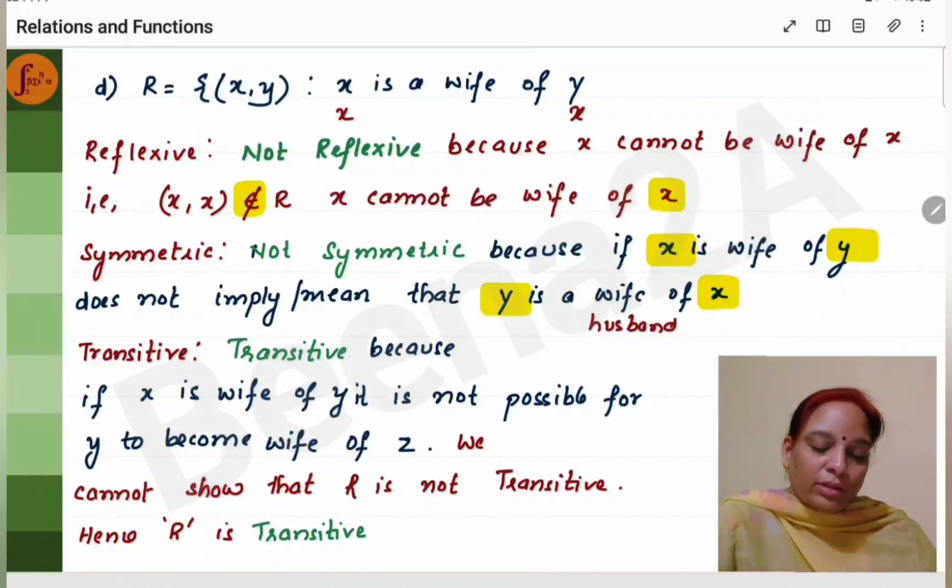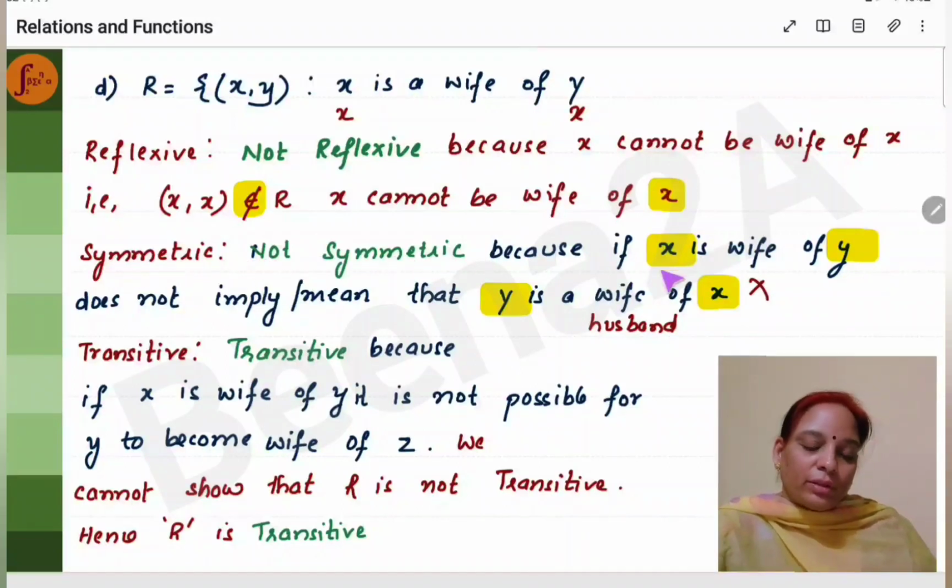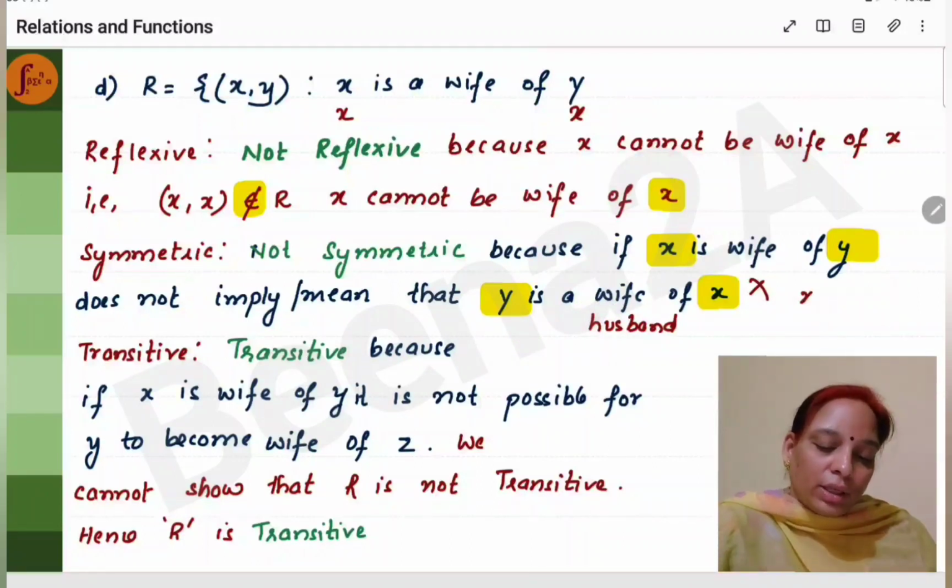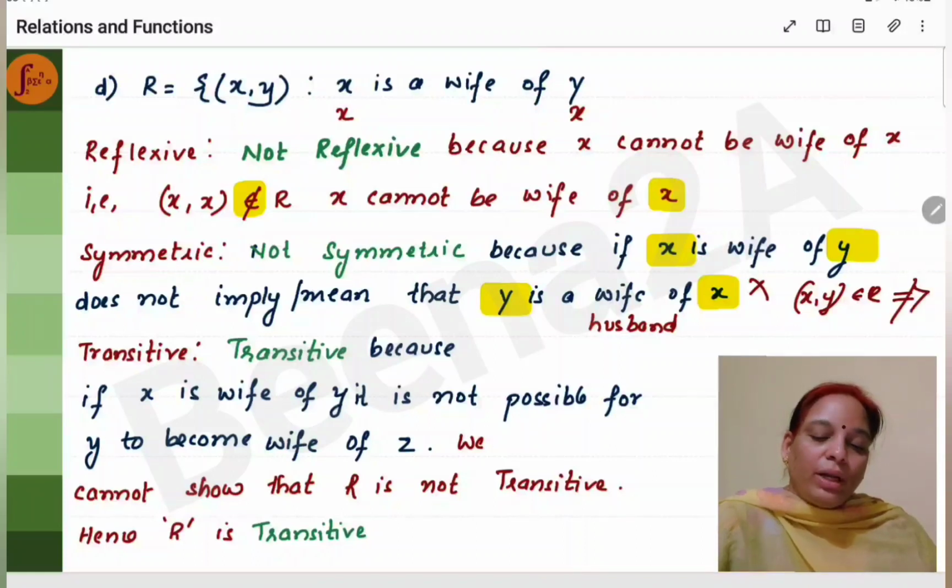So this is not true. Therefore, it's not symmetric. So you should write it this way. It's not symmetric because if x is wife of y, it does not imply that y is a wife of x. Or you can say (x, y) belongs to R does not imply that (y, x) belongs to R.